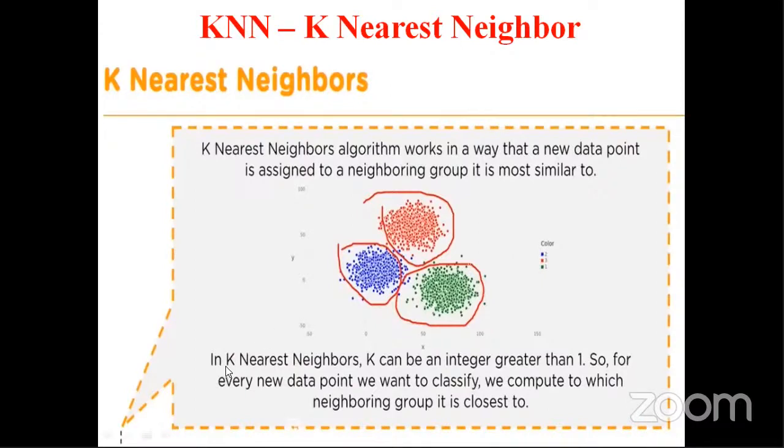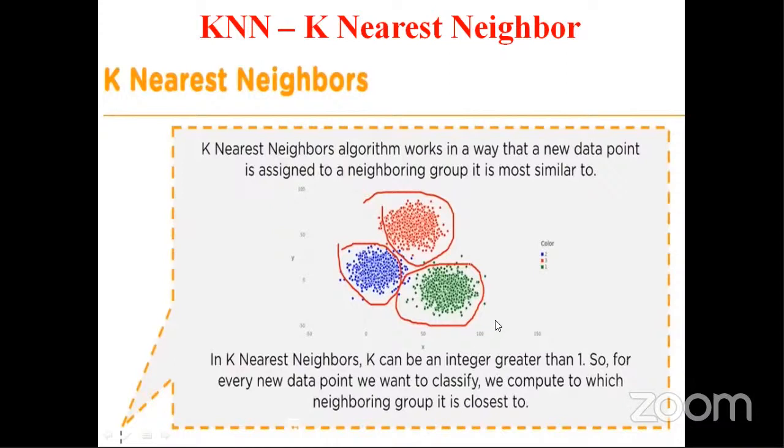Clear? Now in K nearest neighbor, K can be an integer greater than 1. So here K is one parameter for the KNN algorithm, where it has to be an integer and greater than 1. So minimum 1 has to be there. Okay. So for every new data point we want to classify, we compute which neighboring group it is close to.